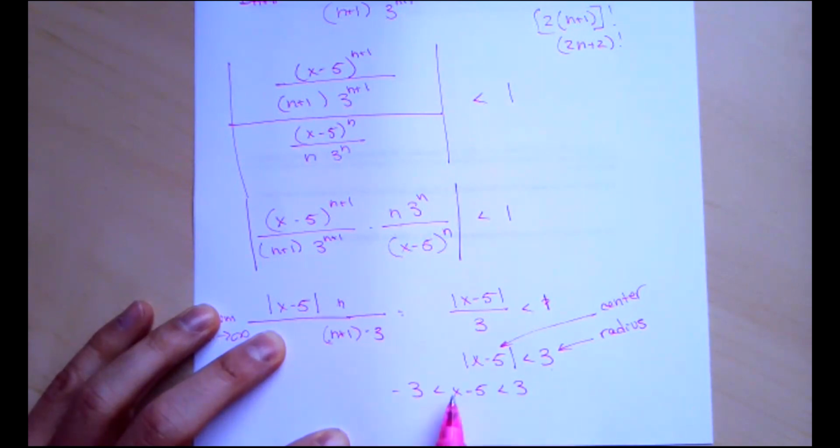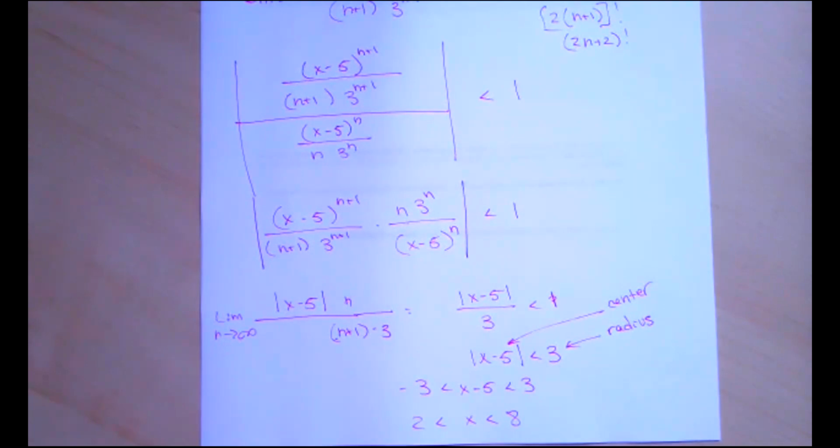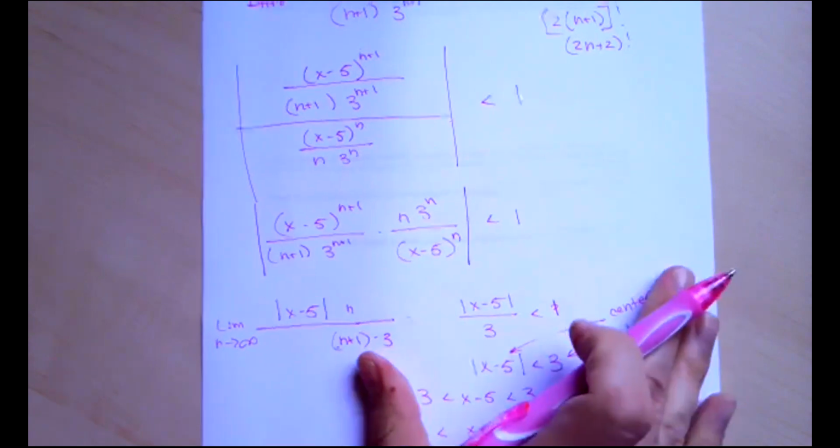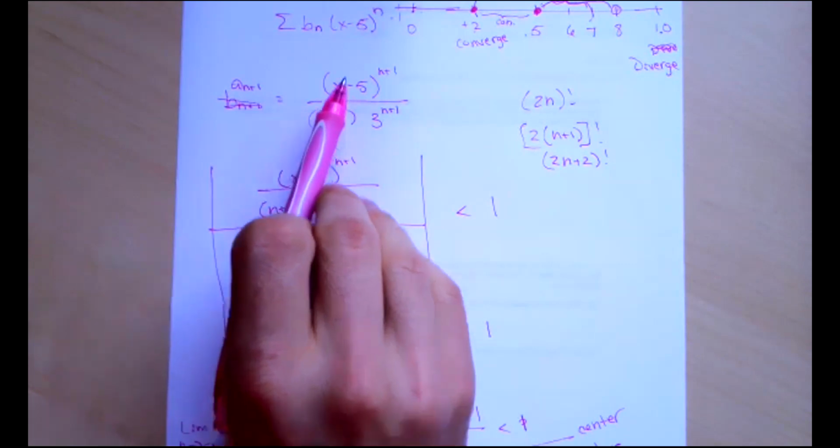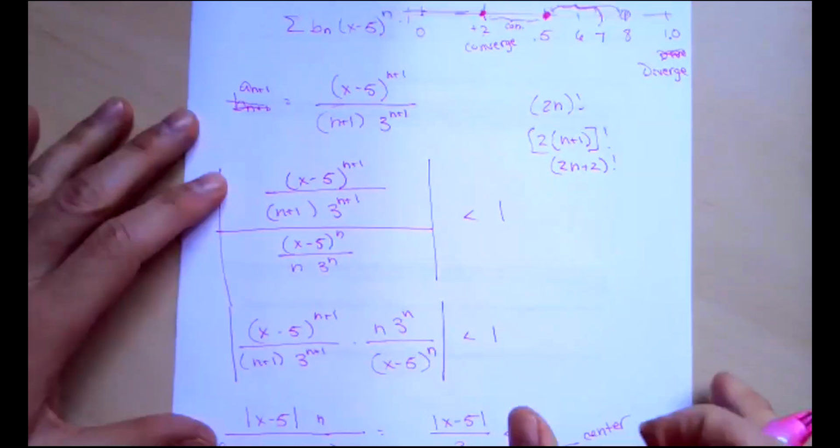Just add 5 to the endpoints. So we have 2 to 8. The last step with this guy would be to check the endpoints of what's going on with that specific sequence.